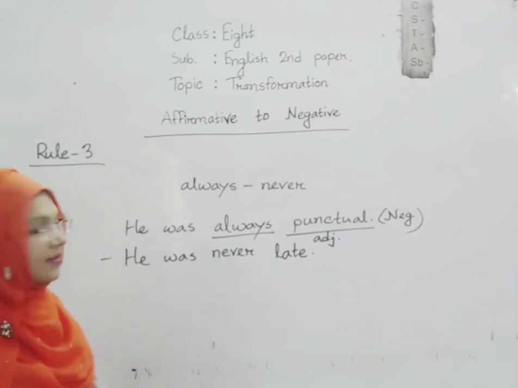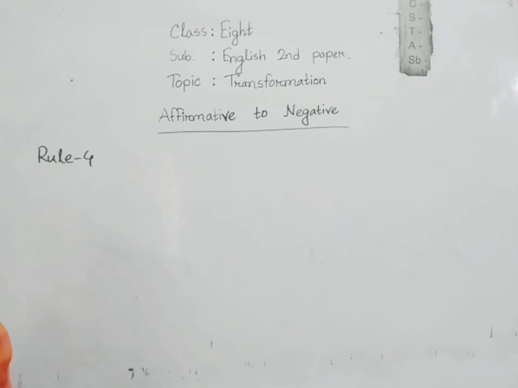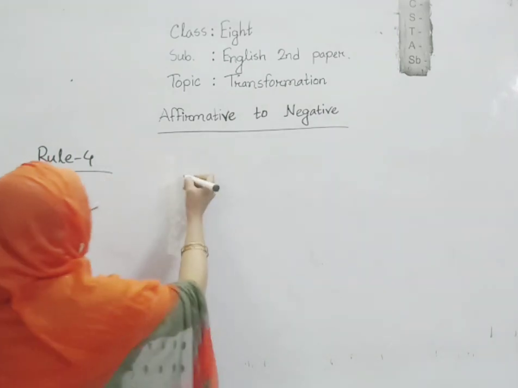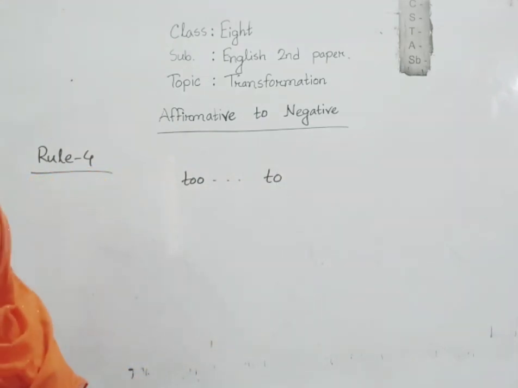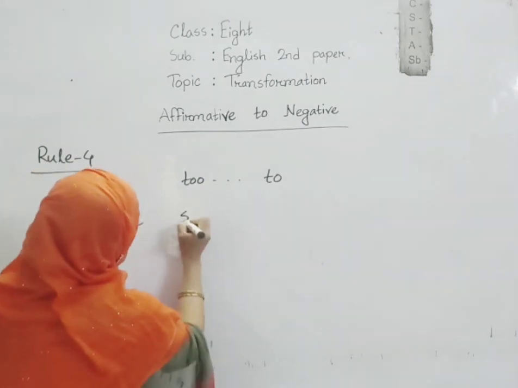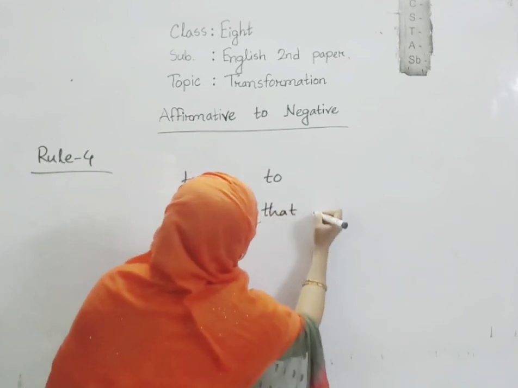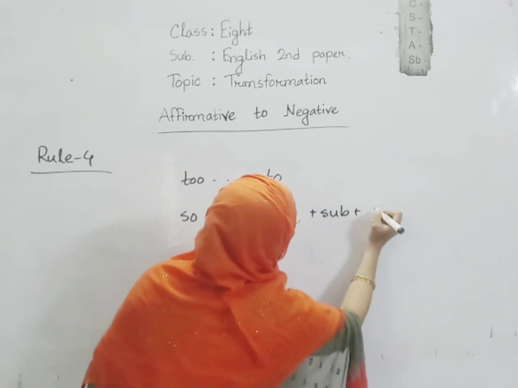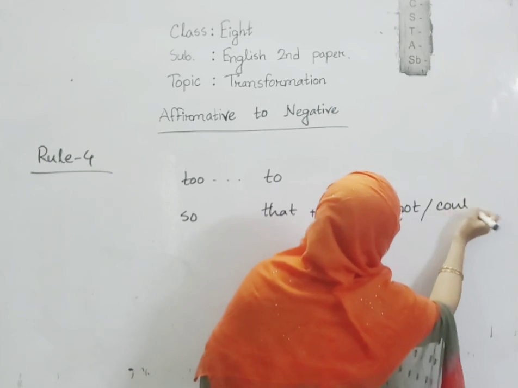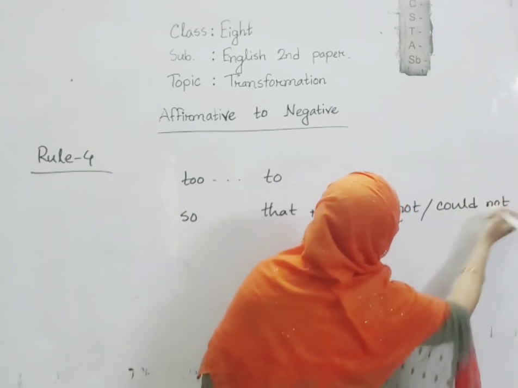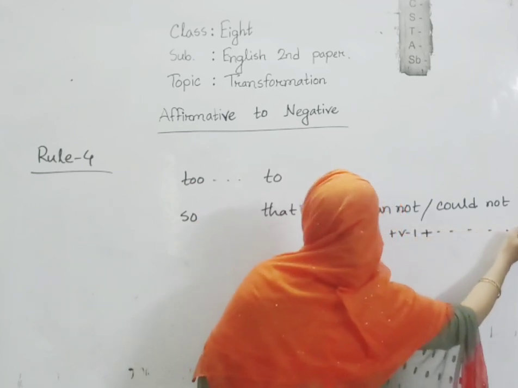Isn't it so easy? Rule number 4. If there is "too ... to" in affirmative sentence, we have to write down: for too and for to, "so", "that" plus subject plus cannot or could not plus V1 plus object extension.